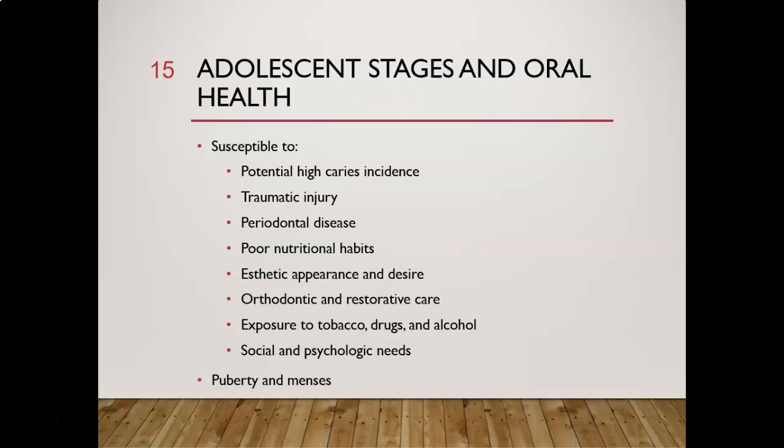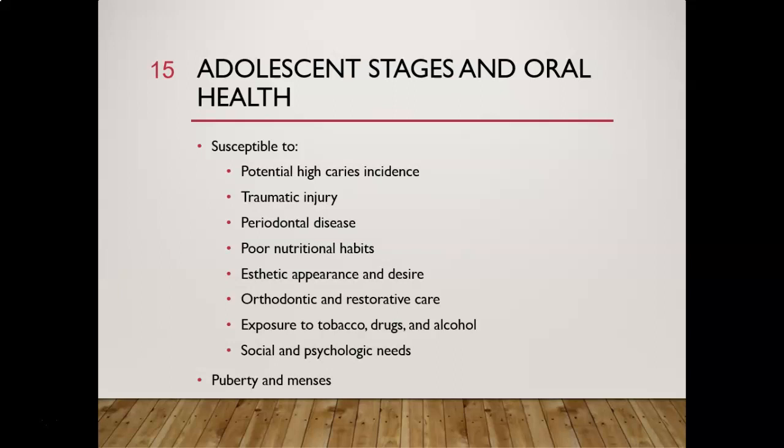But adolescents have distinctive needs during the ages of 10 to 18. Dental hygiene preventive strategies during puberty and menses include stressing optimal oral hygiene via increased frequency and duration of toothbrushing with an extra soft toothbrush or a powered toothbrush, and meticulous interdental cleaning.